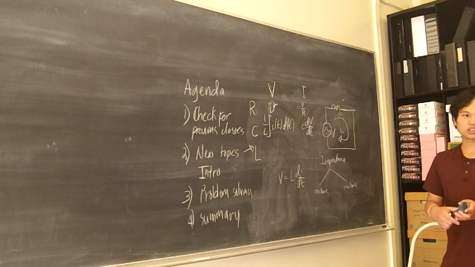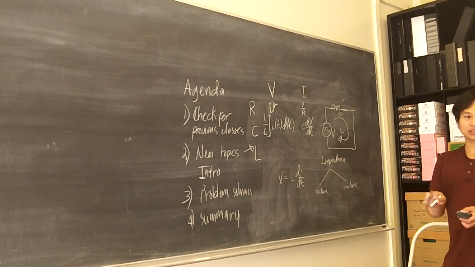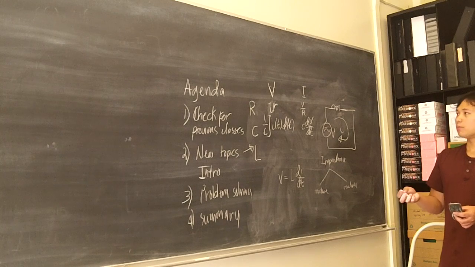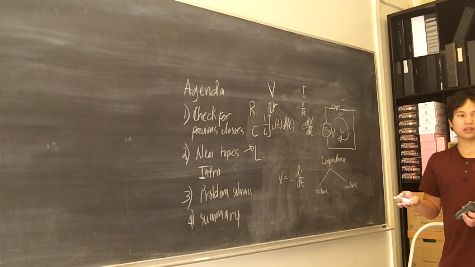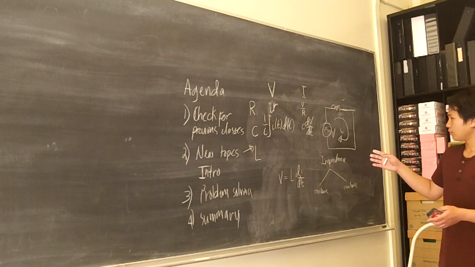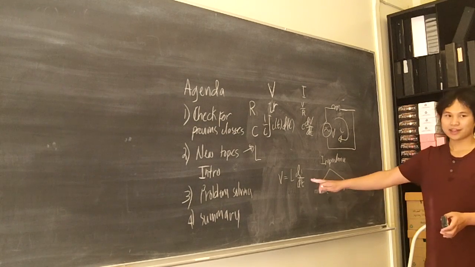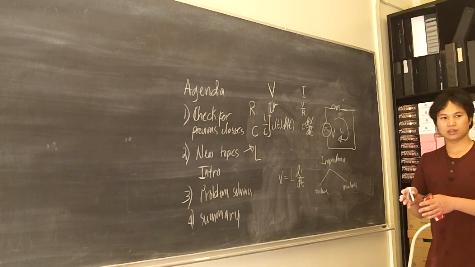Resistance is just linear. It's not a function of time. With Ohm's law, your V is equal to I times R, right? But with reactance, you consider time. It's varying with respect to time.